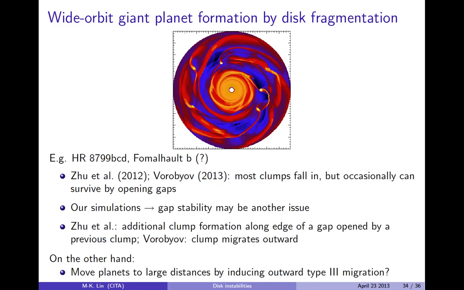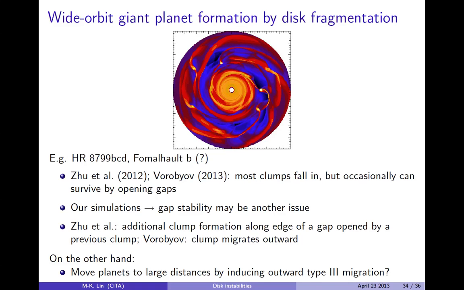So what our simulation says is there may be an additional difficulty to do with gap stability. So you need to fragment a disk at large orbital radii. That requires the disk to be sufficiently massive, and you need to have the right thermodynamics. Even if you fragment a disk, you need to keep the fragments on large orbits. You need to open gaps.